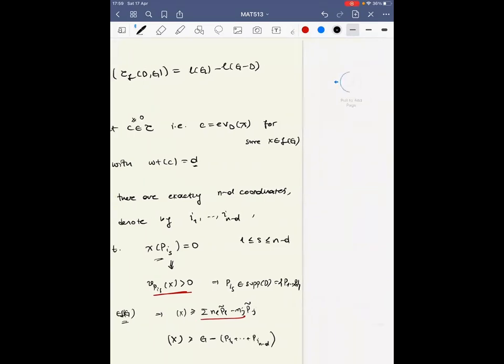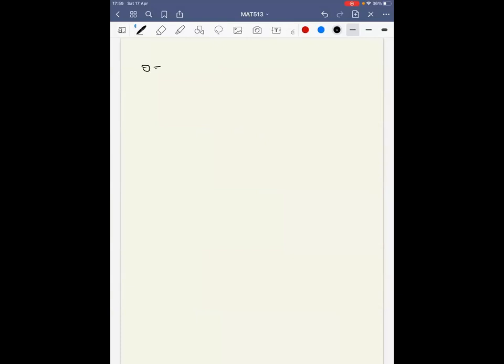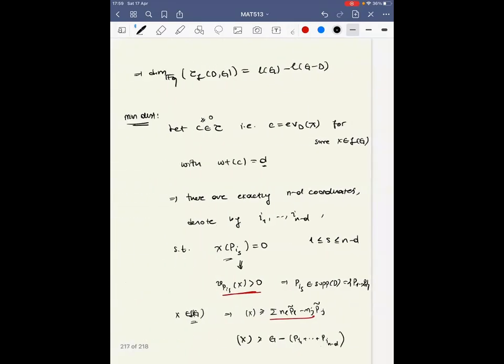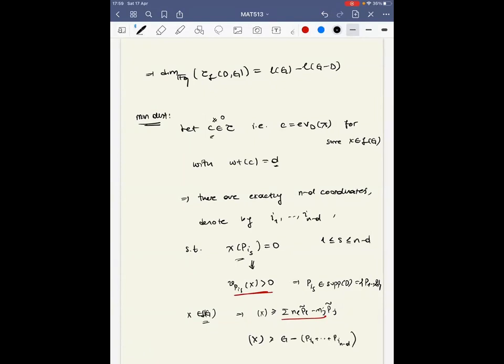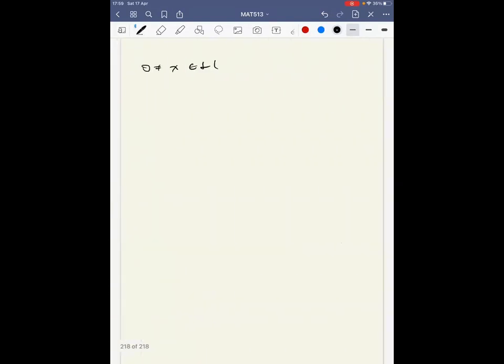Then indeed we can say that this function x, which is non-zero because we suppose that C is a non-zero code word, lies in the Riemann-Roch space of the difference of G and the summation of the zero positions.